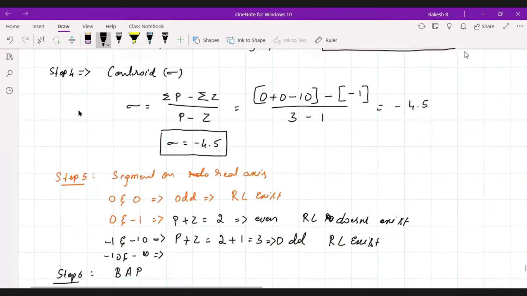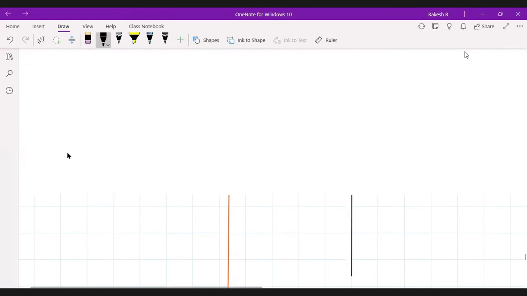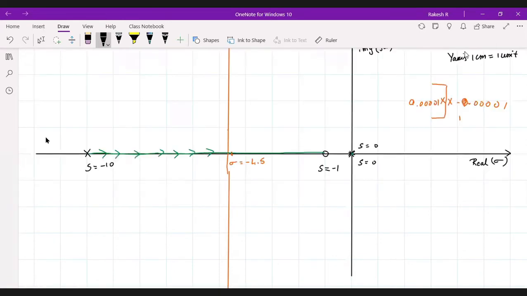See here, towards the right of minus infinity, how many poles plus zeros are there? We need to count here. Poles: s equals minus 10, s equals 0, and s equals 0, so there are 3 poles. And we have 1 zero, that is s equals minus 1.